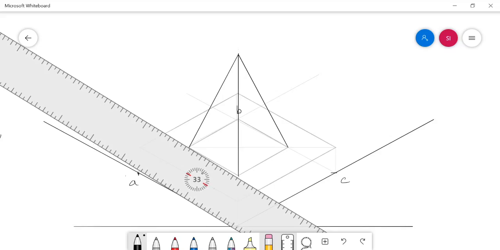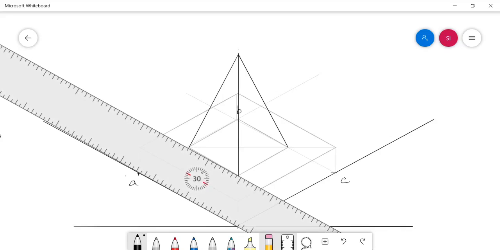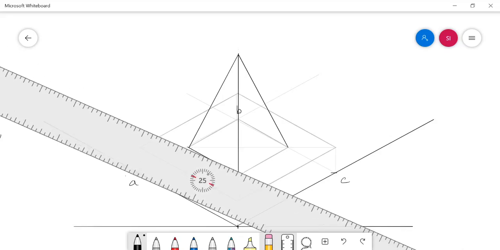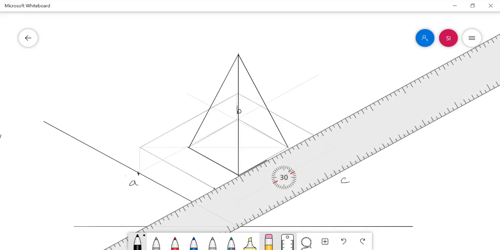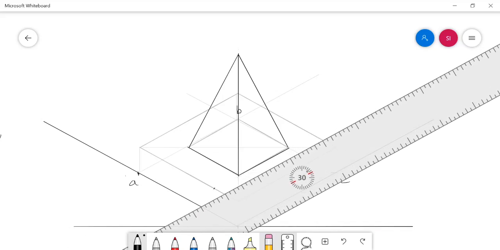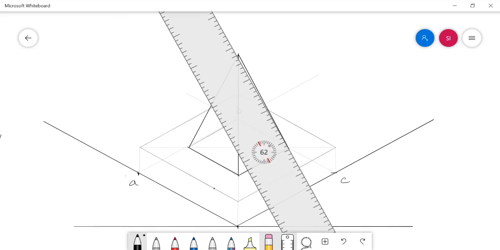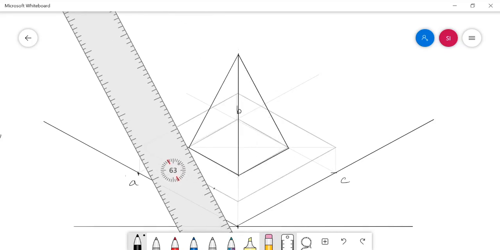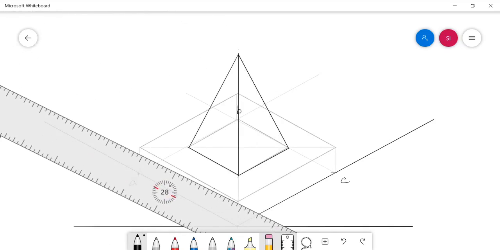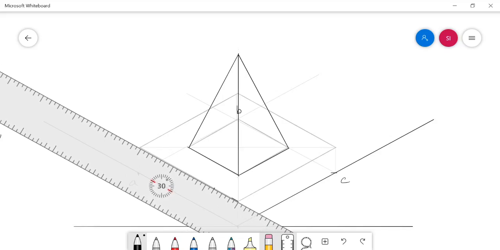And then we can connect all the visible edges with the HB pencil, for both the bottom and the top solids.